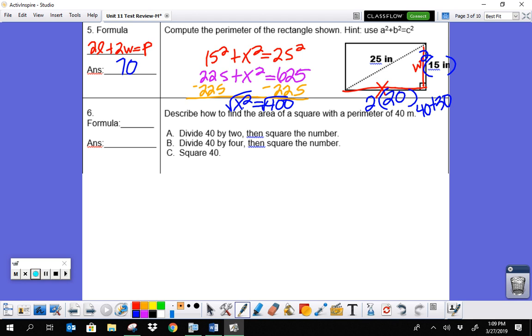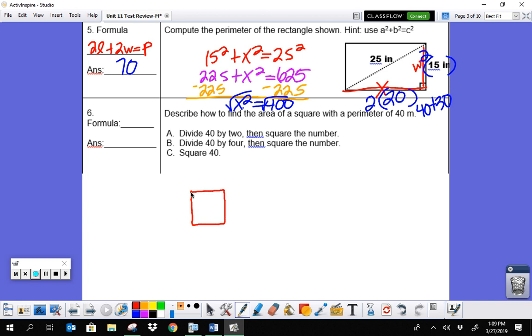Alright, number 6. Describe how to find the area of a square with a perimeter of 40. Okay, so this is going to be really crucial that you draw a picture here.